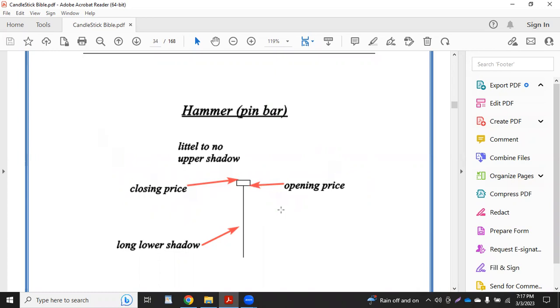When it opened, a lot of sell volume came into the market initially, which means there were a lot of sellers in the market at that time. So they pushed the market down, pushed price down all the way to this level from the open price. They entered the market, started selling, and pushed the price down.